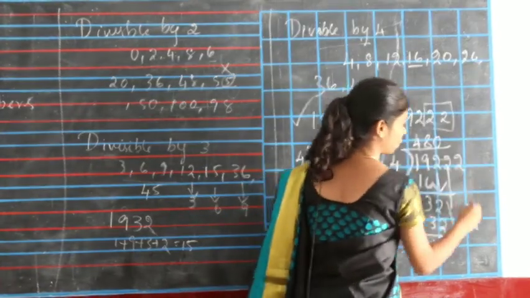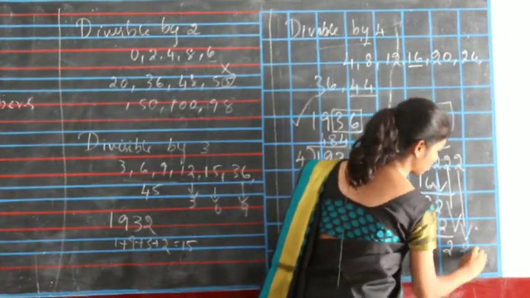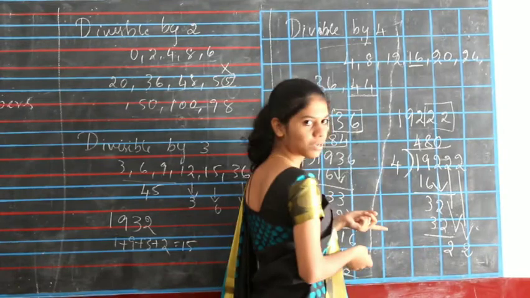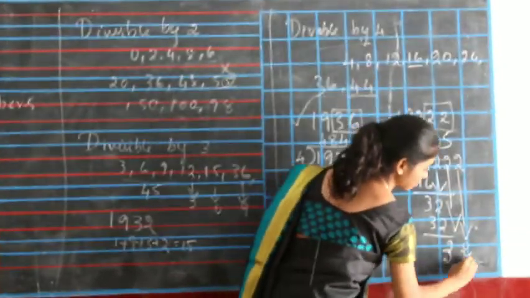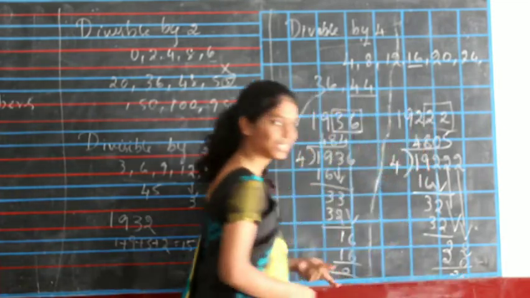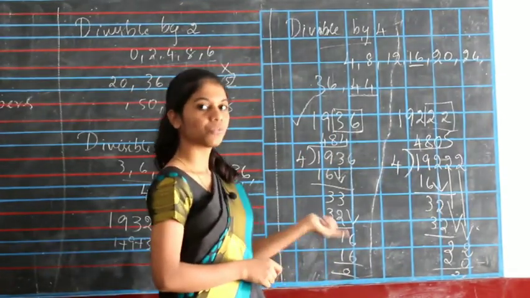So 10, and another 2 comes. 4 ones are 4, 4 twos are 8, 4 threes are 12, 4 fives are 20. Remainder 2. So this cannot be divided by 4.